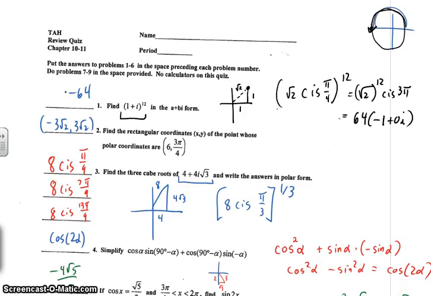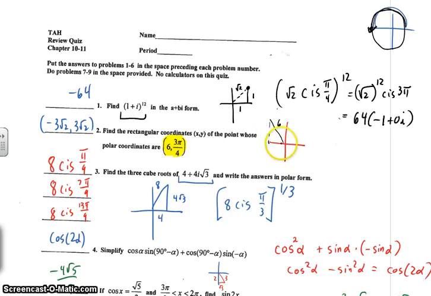Number 2, we're given the rectangular coordinates of a point. These are coordinates. This isn't the cis business. Okay, 3 pi over 4, so I draw that angle, 3 pi over 4. This distance is 6.